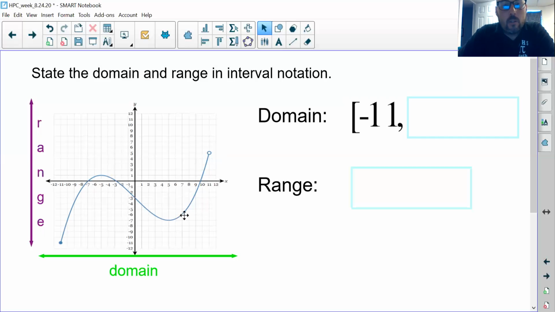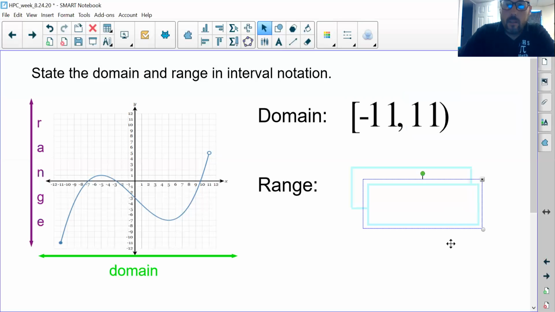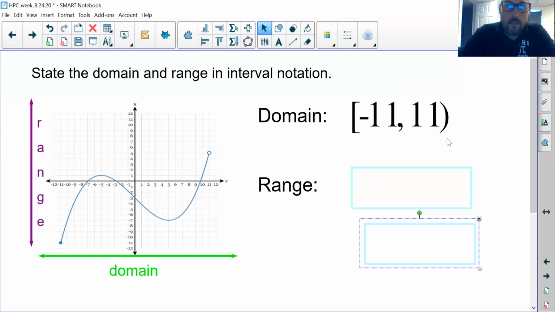So you need to include all the x values just up to 11. And that would be impossible to express because if you said 10.99, well, what about 10.999? That's in there too. Every number just up to +11. So we use the parentheses. This is the domain from -11 to 11.